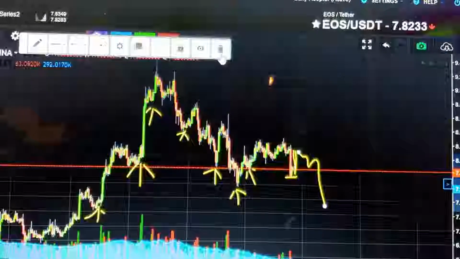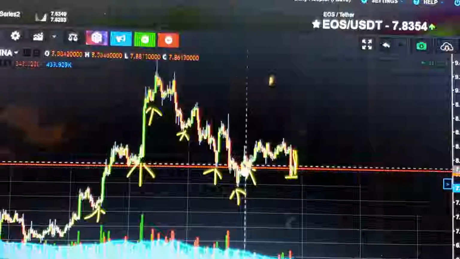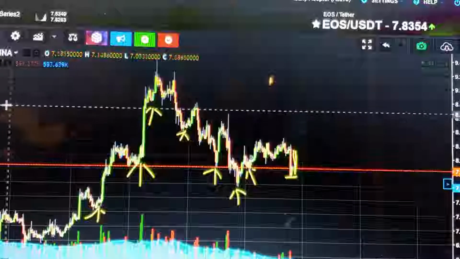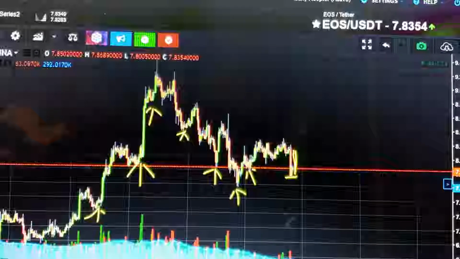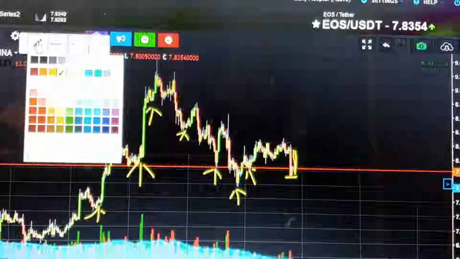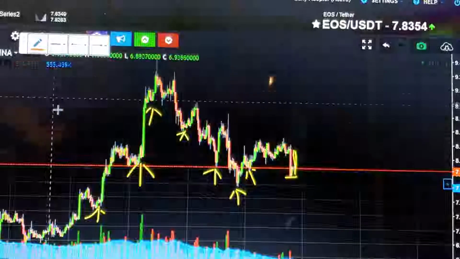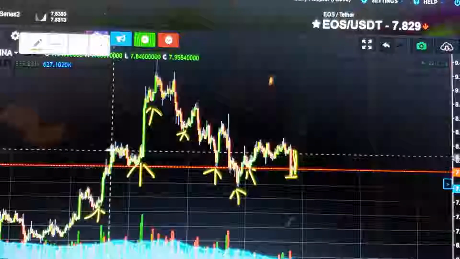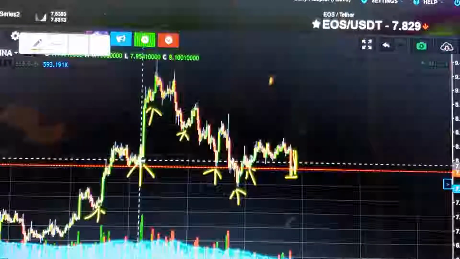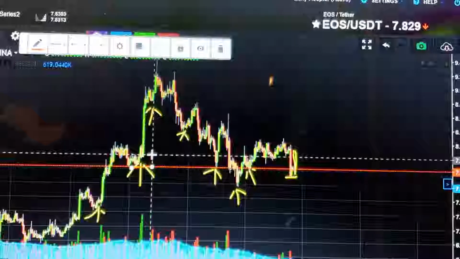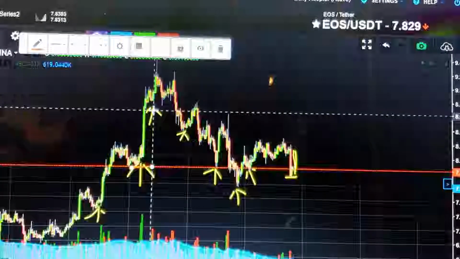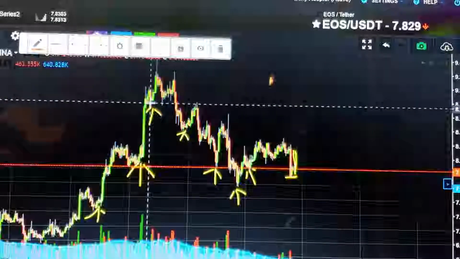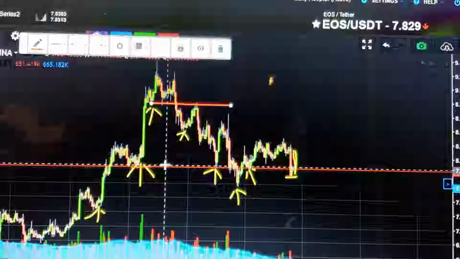And how do we know that this is what should happen? Because the story of the chart tells us that every time, let's go with red, we got a big push up, nothing happened, this became our base, got a big push up, nothing happened, got another little push up, now this became our base, right?